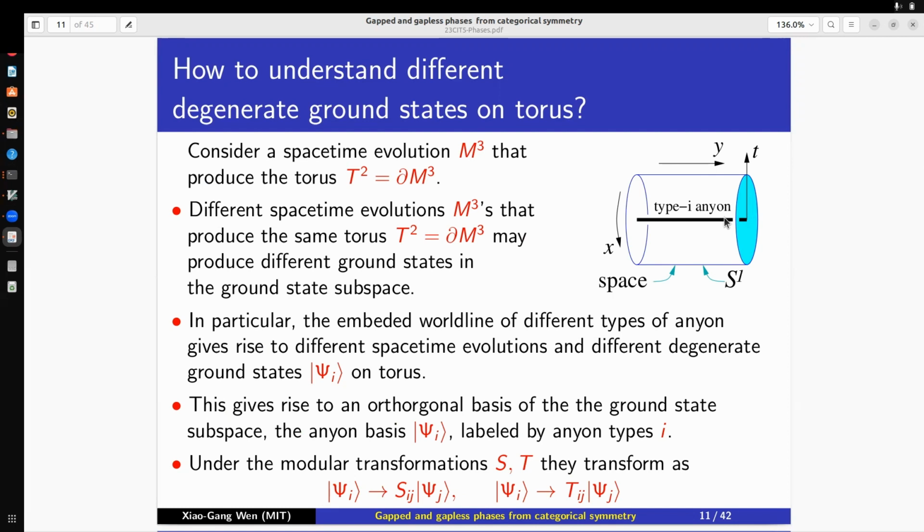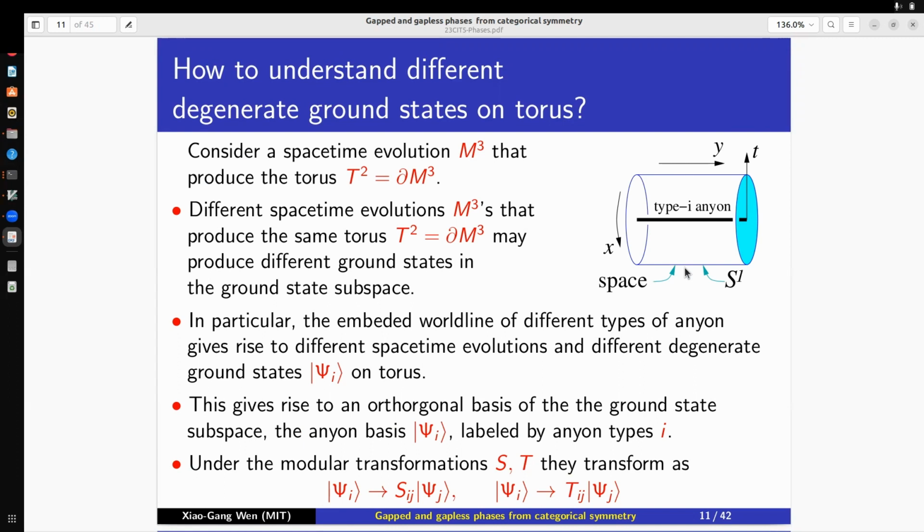Okay. And then we have a big bang. So this center one is like time equal to infinity, and then it evolves into our ground state. However, for this solid torus, if you evolve this way, you get a particular ground state. That's one of the degenerate ground states if you're using the solid torus to do the evolution.